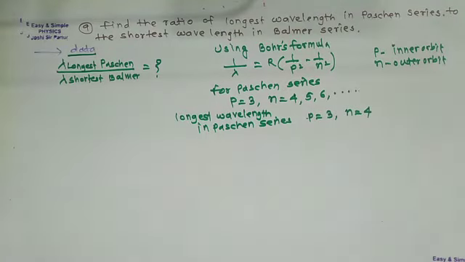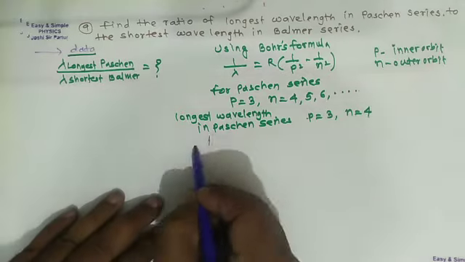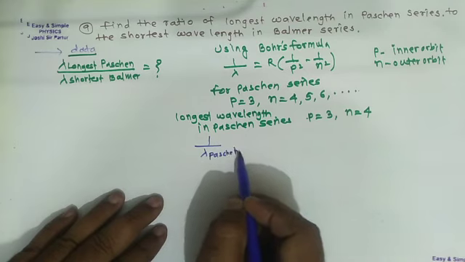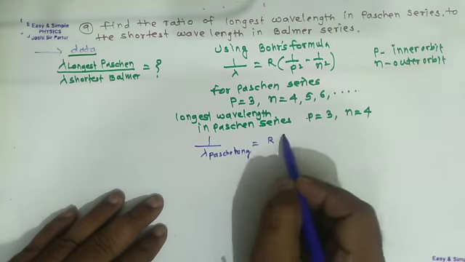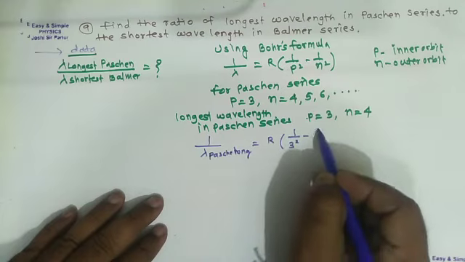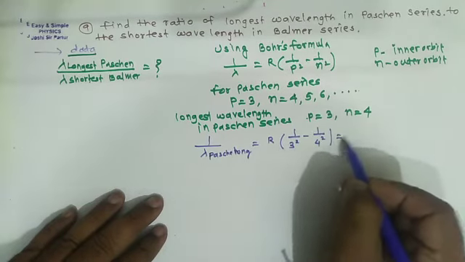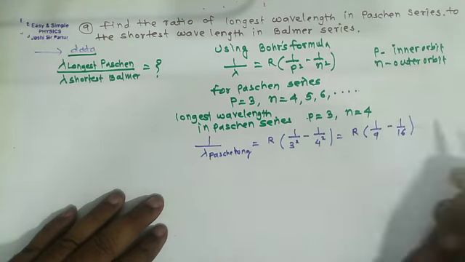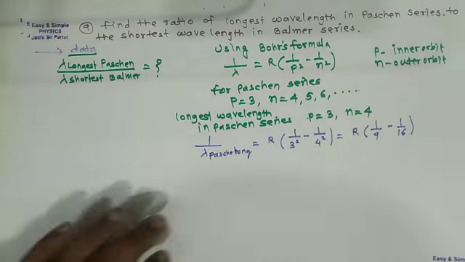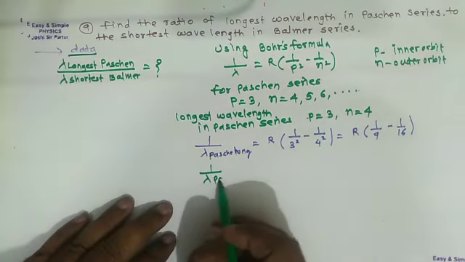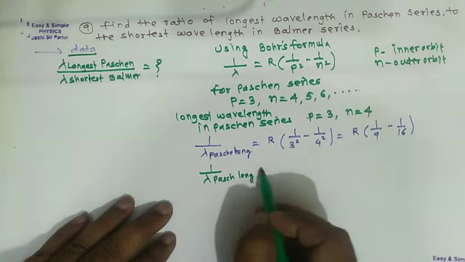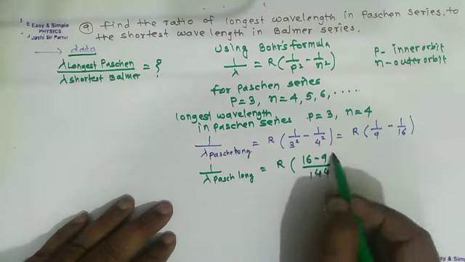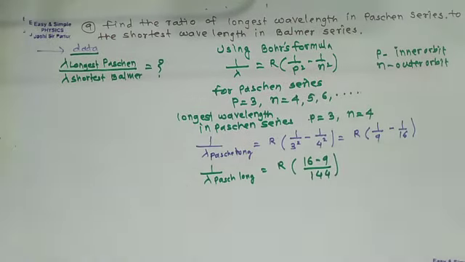See here, we can write 1 upon lambda Paschen longest is equal to R in bracket 1 upon 3 square minus 1 upon 4 square, which is equal to R in bracket 1 upon 9 minus 1 upon 16. Make cross multiplication, it will be 1 upon lambda Paschen longest will be R in bracket 16 minus 9 upon 144. 16 into 9 will be 144.